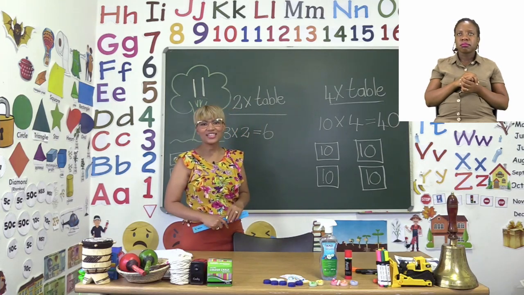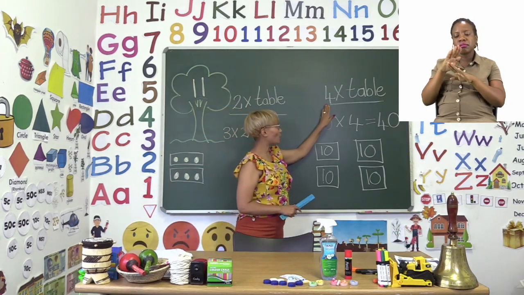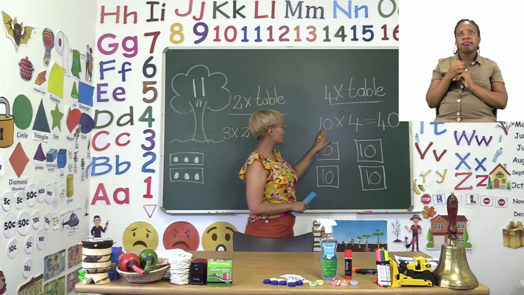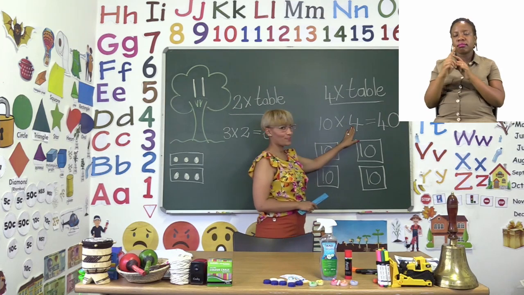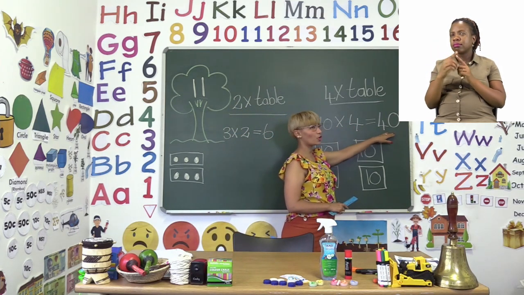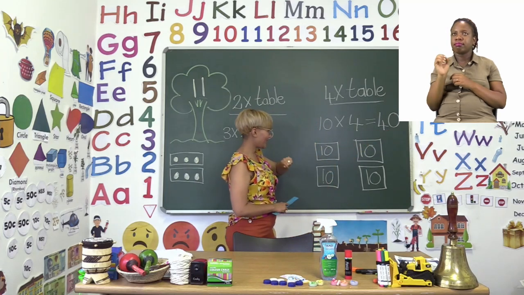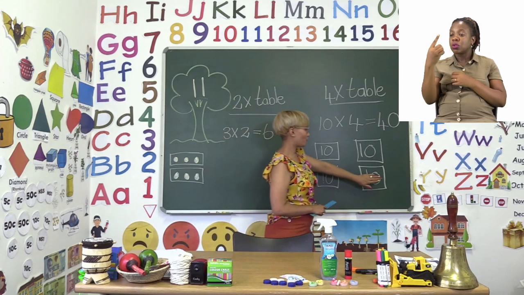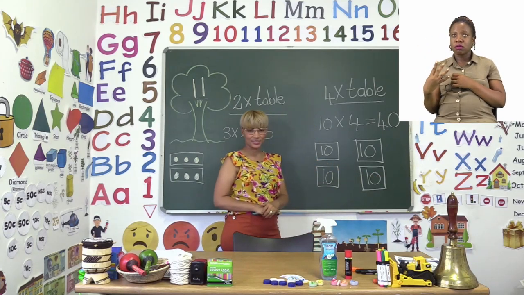Now let's try the next example for our 4 times table. Now this sum reads 10 times 4. Now my answer says that 10 times 4 is equal to 40. Now here we have 1, 2, 3, 4 tens.